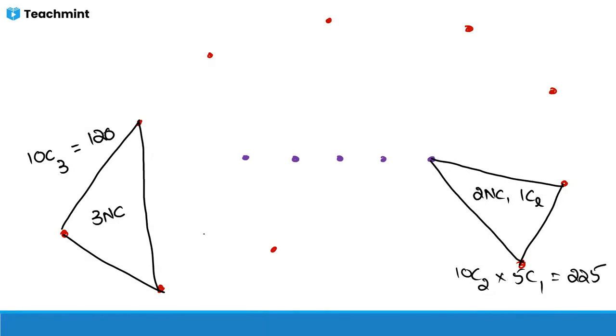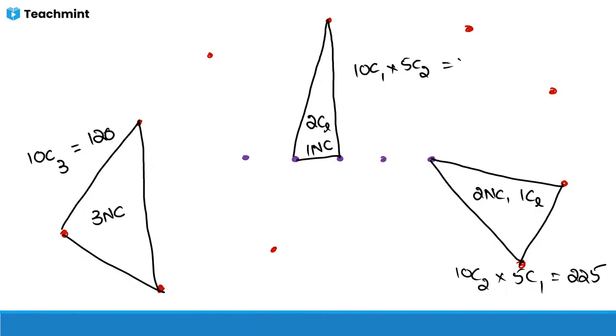The other possibility, two collinear, one non-collinear: 10C1 into 5C2, which is 100. My dear all, count it, you got 445. See, total count, you are getting 445.